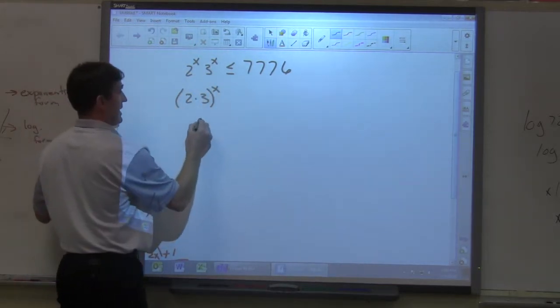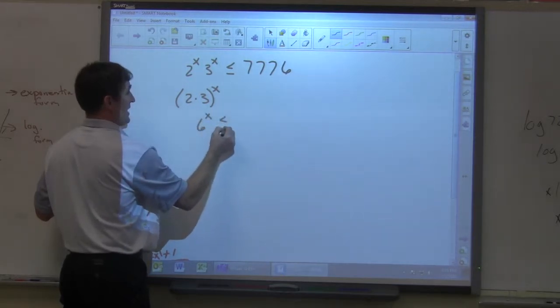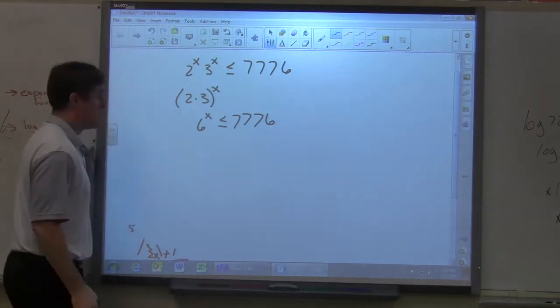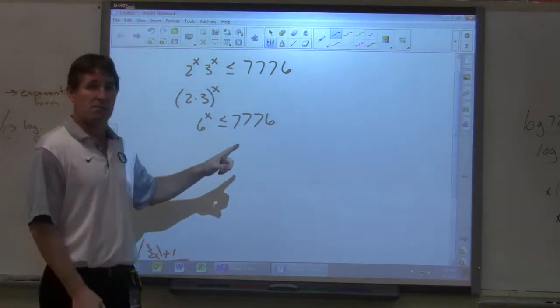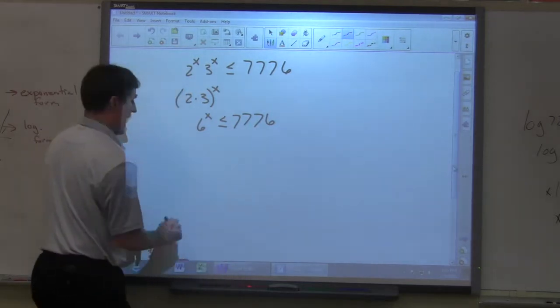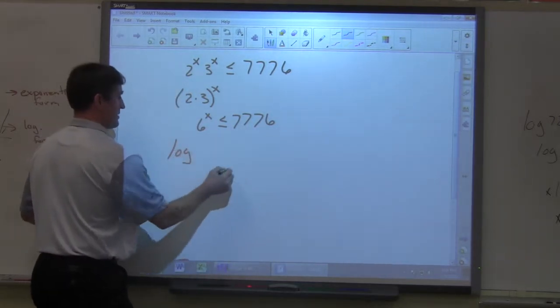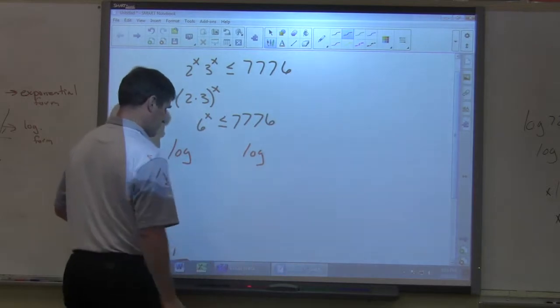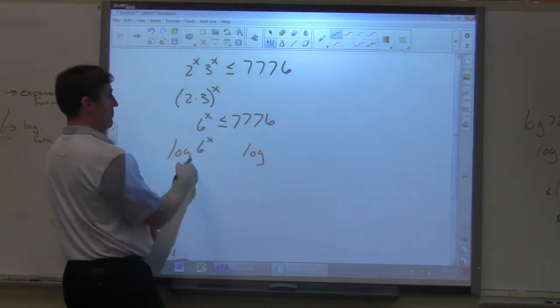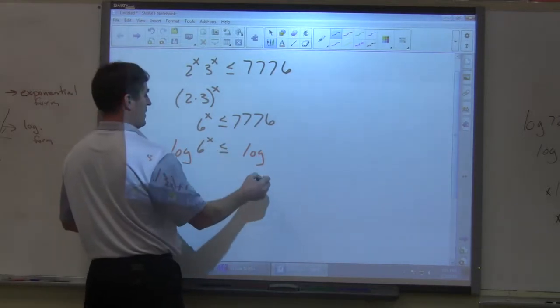And so I can rewrite this as 6 to the x is less than or equal to 7,776. Since the variable is in the exponent, we want to use logarithms. So what we're going to do is add the logarithm to both sides. So log 6^x, and we're doing it base 10, so we can do it on the graphing calculator.